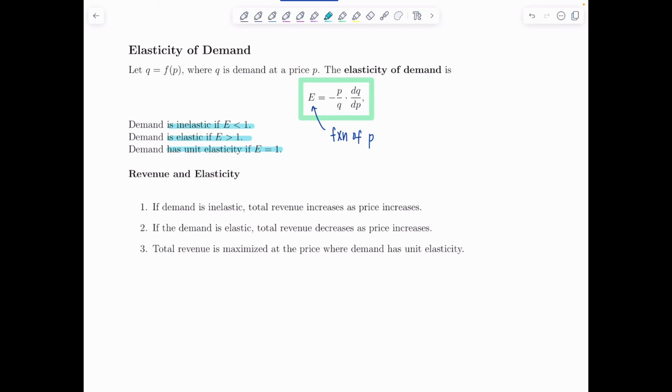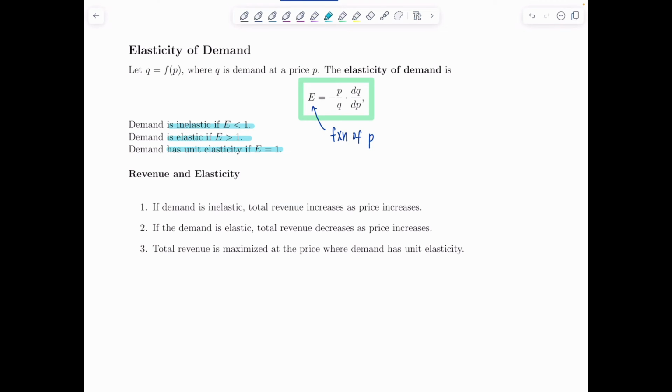So those are examples of quantities where the demand is inelastic. Price changing doesn't affect how much you're going to consume. And so what happens is if a company decides to up the price, you're still consuming the same amount, so their revenue goes up. Okay, second case, if demand is elastic, then the total revenue decreases as price increases.